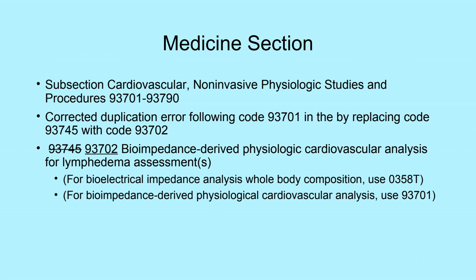If you go to that page, you'll see 93701 followed by 93745 bioimpedance derived physiologic cardiovascular analysis for lymphedema assessment. That should be 93702. 93745 is a completely different code. It's in the next column in my book; it might be on the next page in yours. So you cross out 93745 and replace that with 93702. A simple typographical error, but important.